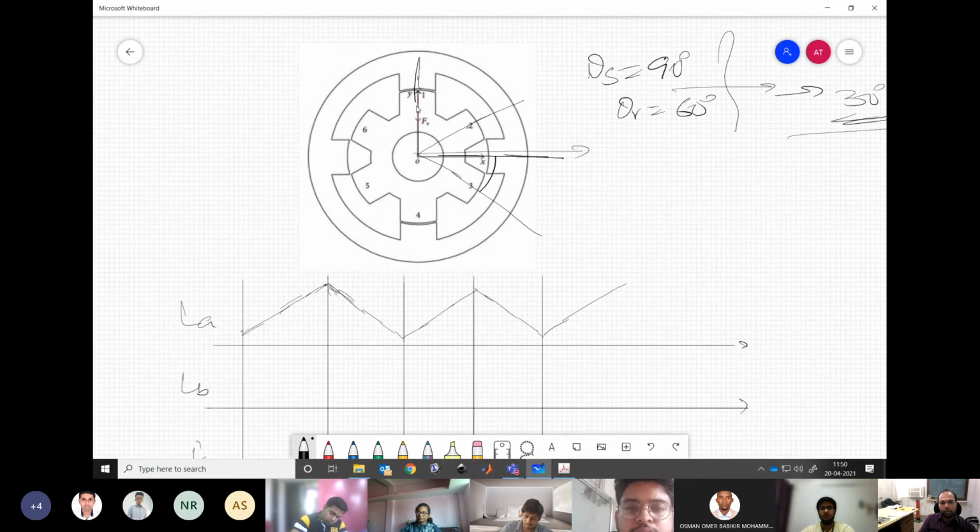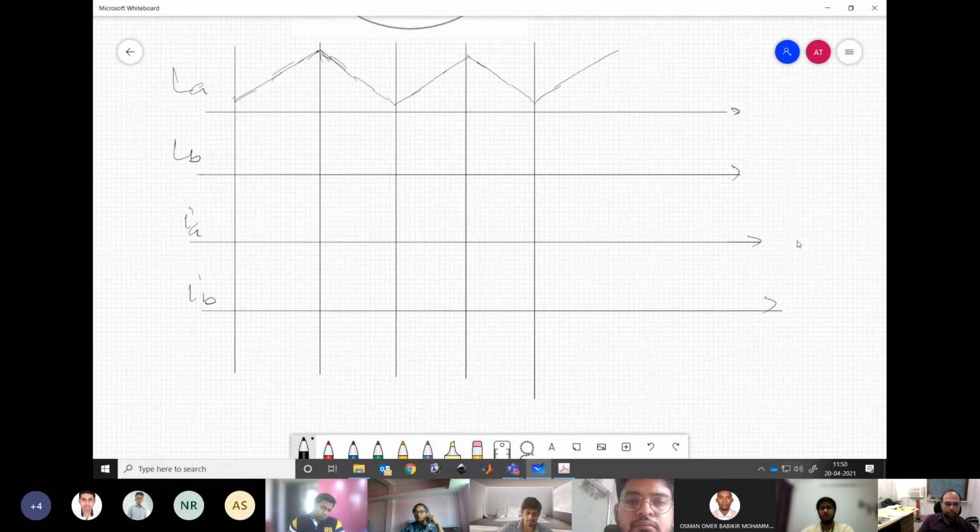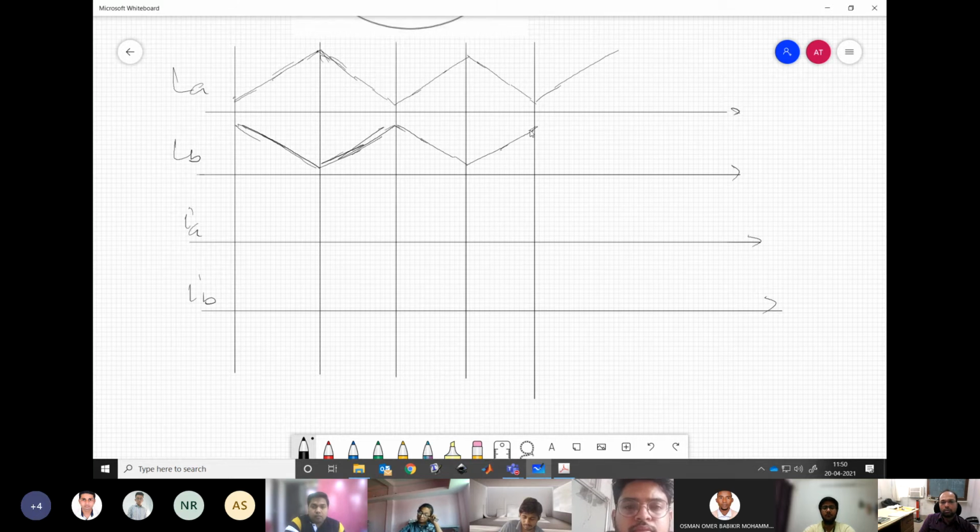For B, it will be going from aligned position to unaligned position. This you are clear, right? So both the inductances will be 180 degree away electrically. This will be moving from maximum to minimum. This is ideally how the inductance will look like.